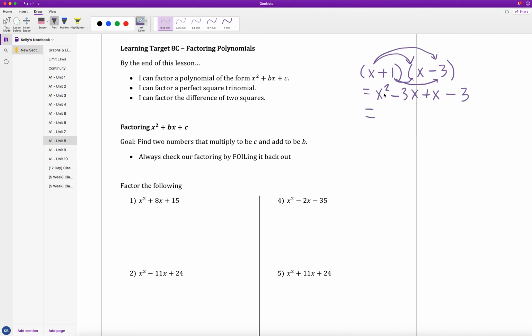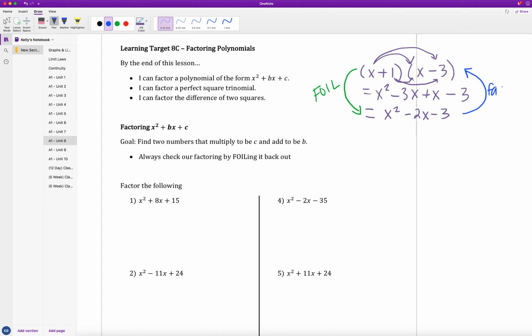We then learned that we need to combine some like terms, so I end up with x squared minus 2x minus 3. Starting from our two binomials multiplied down to what we call standard form, this is what we call foiling. We talked about that in our last video at the end of Learning Target 8B. What this video is going to focus on is how to factor these.